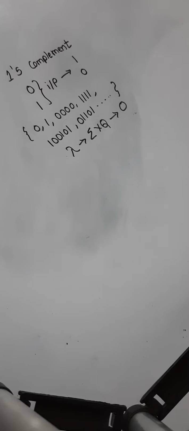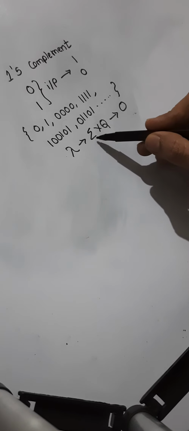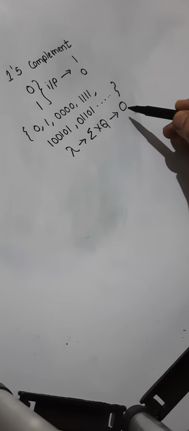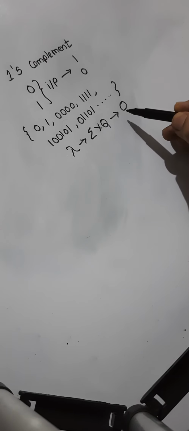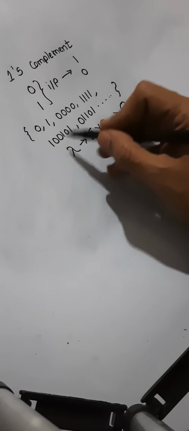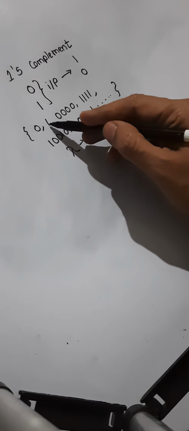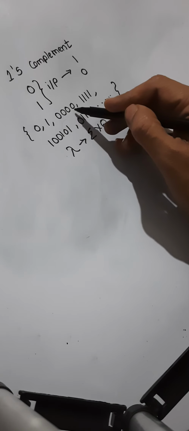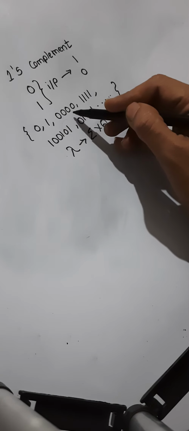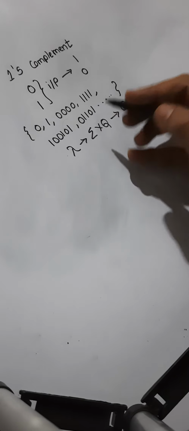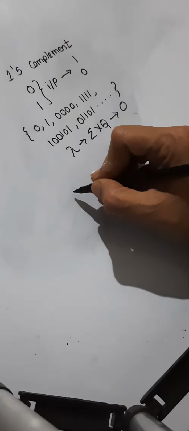Here the question is one's complement, where we are going to involve an input symbol, which gives you an output O. So if I am giving 0 as an input, I will get 1. If 1, 0, multiple zeros as input, then we will get multiple 1s and so on. So let's start with this.